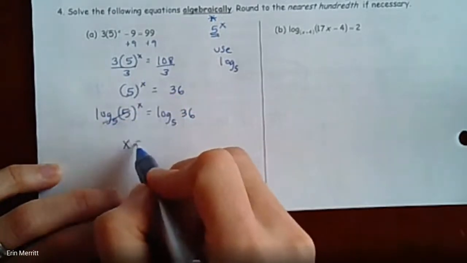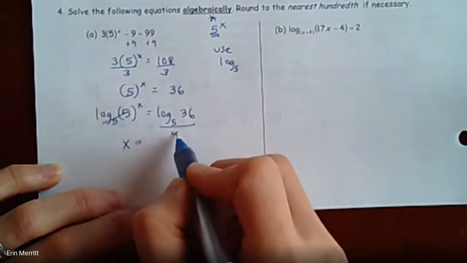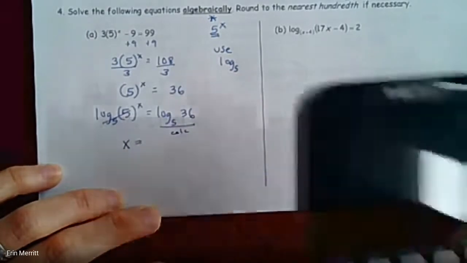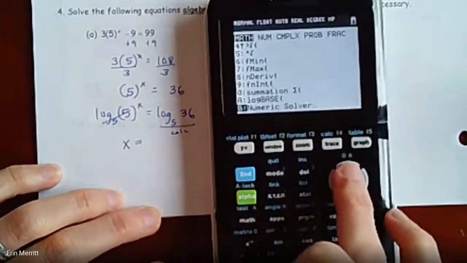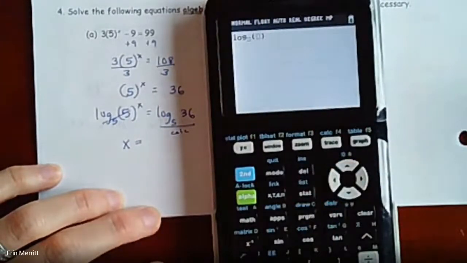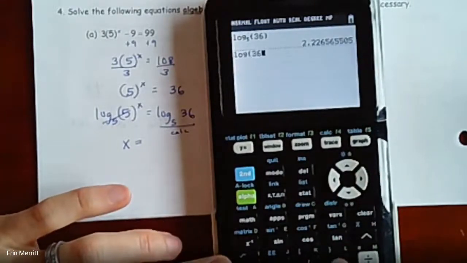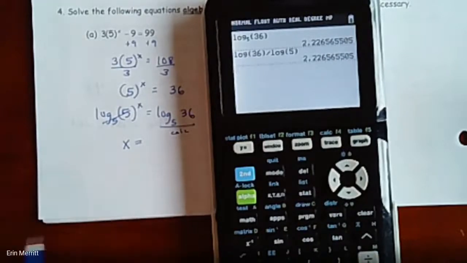That cancels, and now I go to the calculator with this part of it. So on my calculator, if you've got the log base button, go to math, and then up to log base, and then you can do log base 5 of 36. If you don't, then you type it in as log of 36 divided by log of 5, which honestly is just as quick.